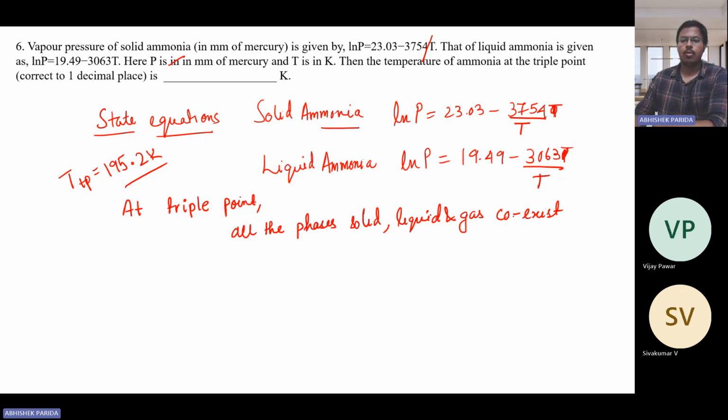Okay, so if they coexist, it means their state points will be the same. State points, this implies that state points will be identical.